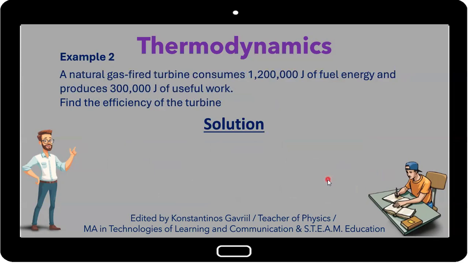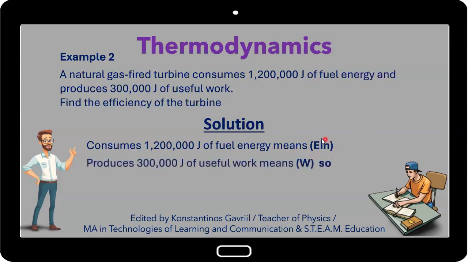Now, another example. A natural gas-fired turbine consumes 1,200,000 joules of fuel energy and produces 300,000 joules of useful work. Let's find the efficiency of this turbine. The consumed energy is 1,200,000 joules.